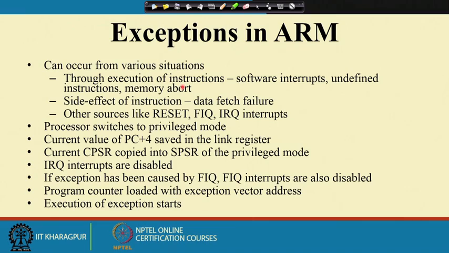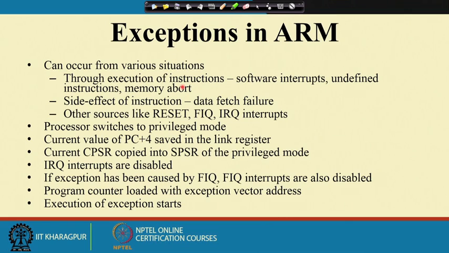Another condition is memory abort. Memory abort means it is trying to get the content from memory, but the memory location is not available. This happens in the system, though I have, say, a 32-bit address bus, I may not have that much memory available in the system. So, when it goes beyond that limit, there will be a memory fault.